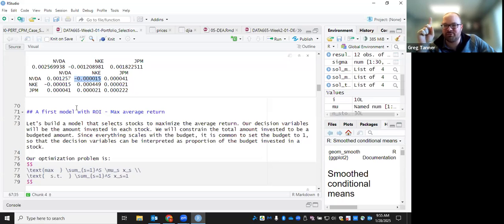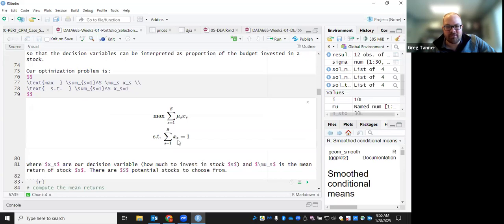Here are our decision variables, x_s. Those are how much we invest in each stock. If the sum of all the stocks adds up to 1, we can think of our decision variables as the proportion of our budget that we're investing in stock s.